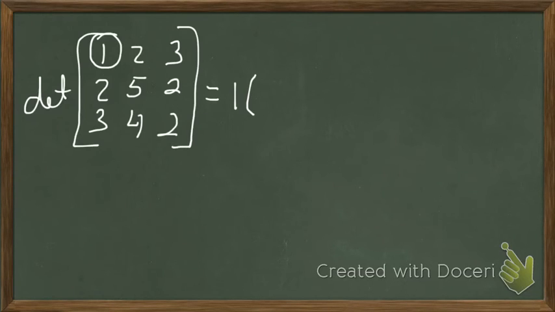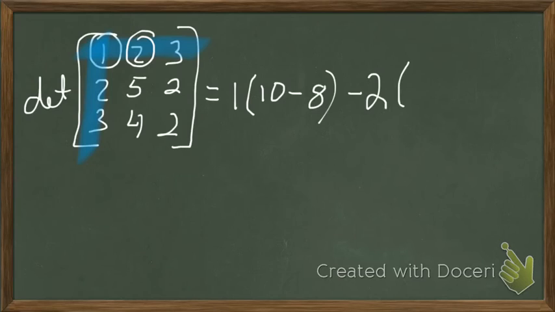And then I'm going to think about crossing off the first row and the first column. And then look at this matrix, the 5, 2, 4, 2, as a 2 by 2 matrix, and finding the determinant that way. Now the second one is always minus. I look at this and I go -2.